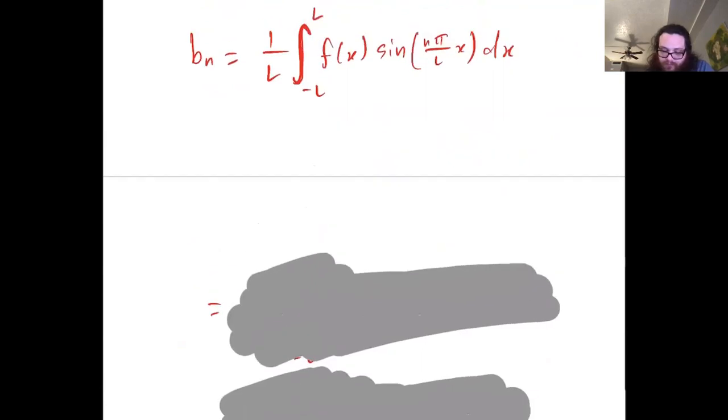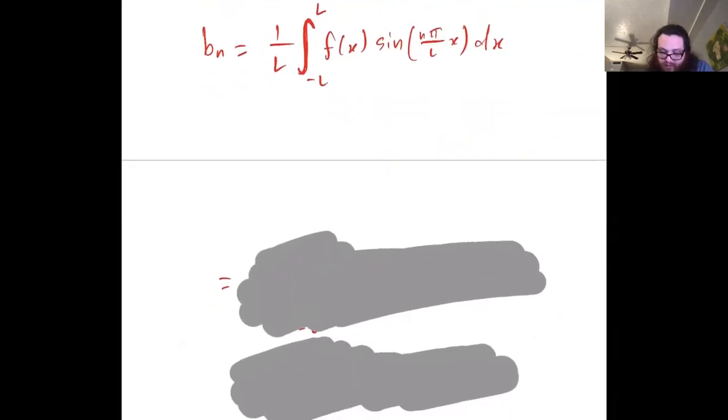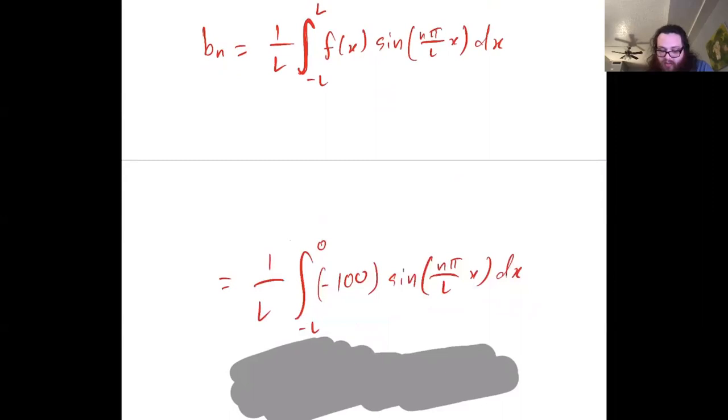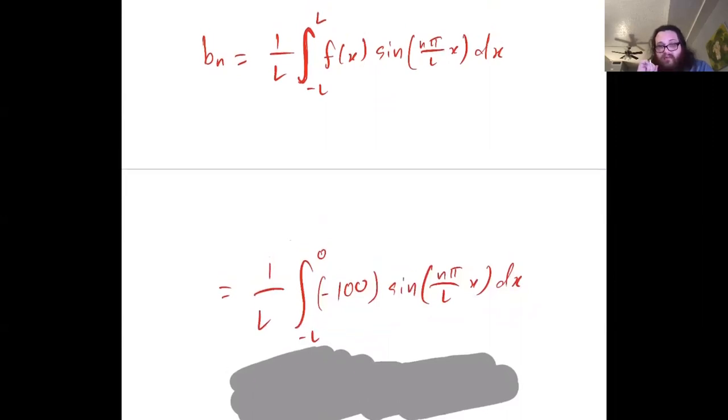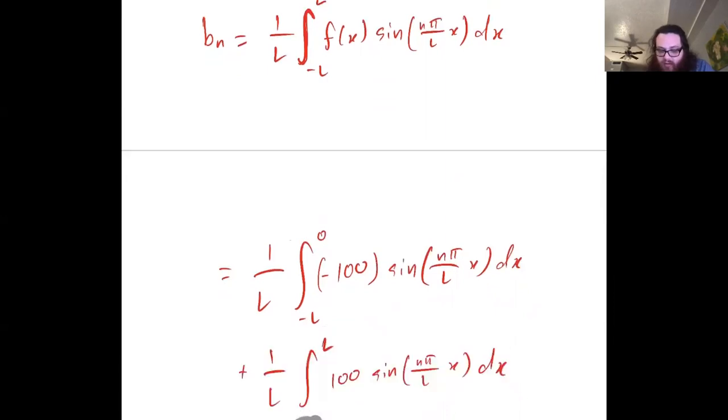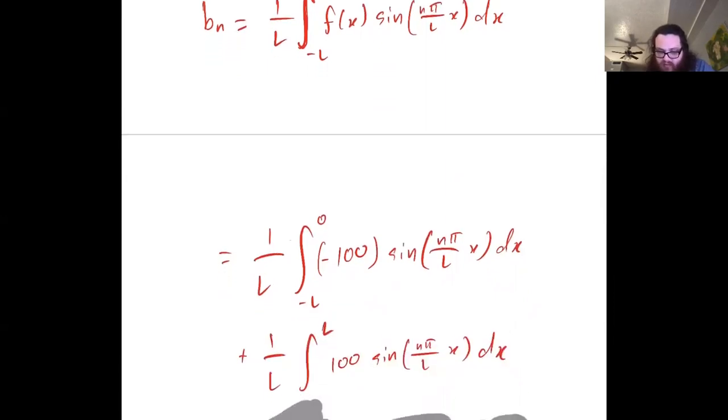So for b sub n, looking at this integral, we can break it up into the integral from negative L to 0, which becomes the integral of minus 100 times sine, plus the integral from 0 to L, which becomes 100 sine. Again, because f of x is negative 100 on this interval, and f of x is 100 on this interval.